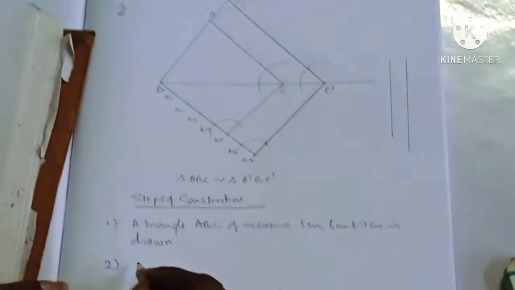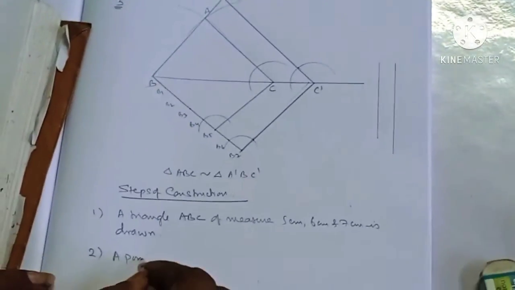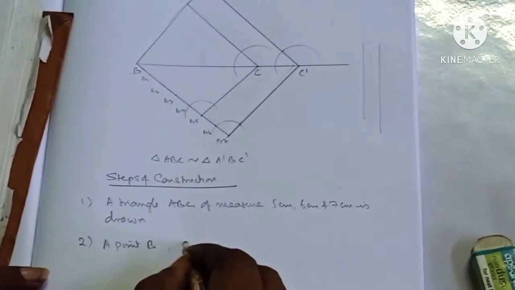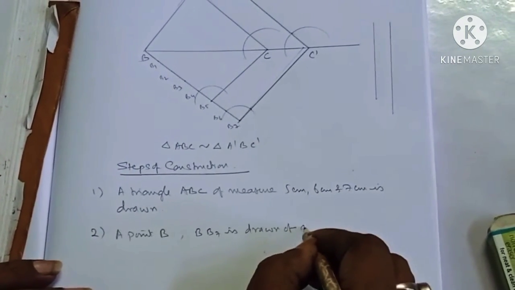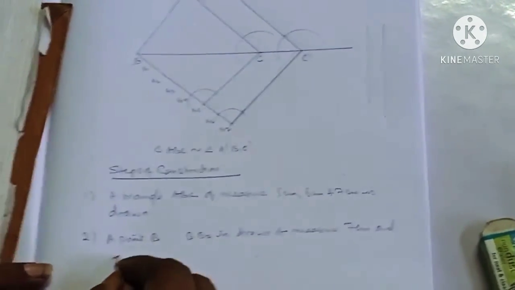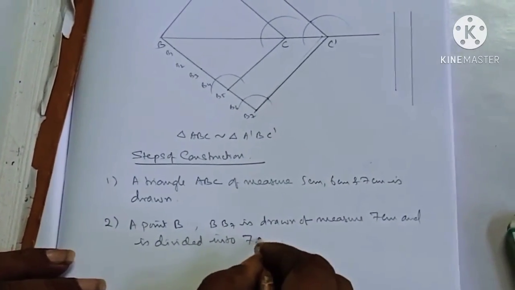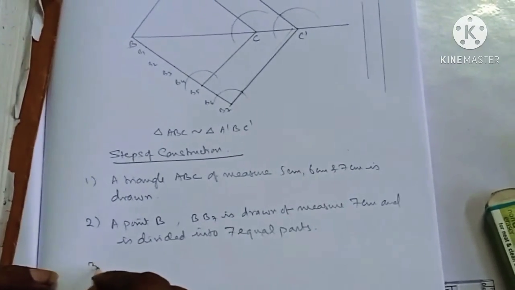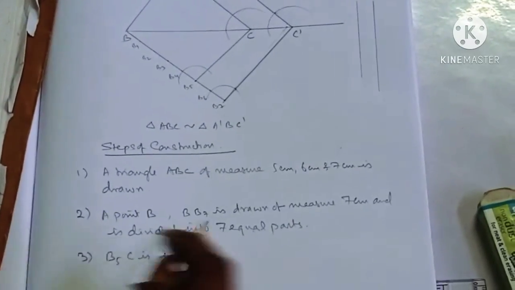At point B, taking any acute angle, B7 is drawn of measure 7 centimeter and is divided into 7 equal parts. Third, B5C is joined.